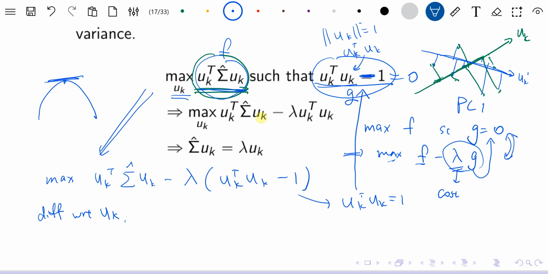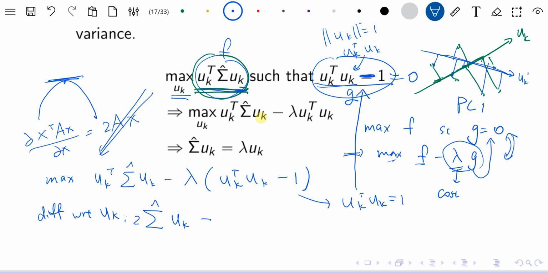I'll not do that, I'll just use the formula. When you differentiate x transpose A x, where x is a vector and A is a matrix, with respect to the vector x, this is basically like x squared. Differentiate, and you'll get the 2 in front and the A and the x. So treating x as UK and A as sigma hat, you'll get 2 times sigma hat UK.